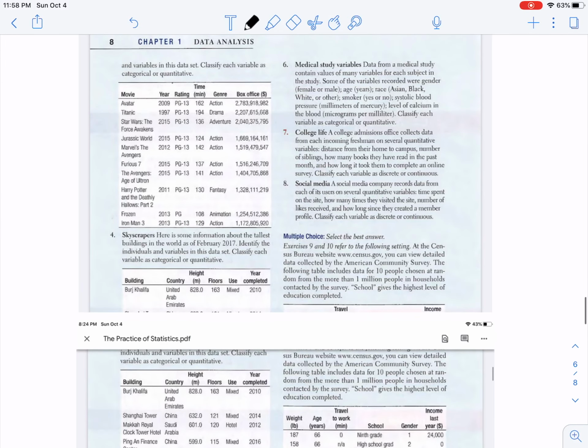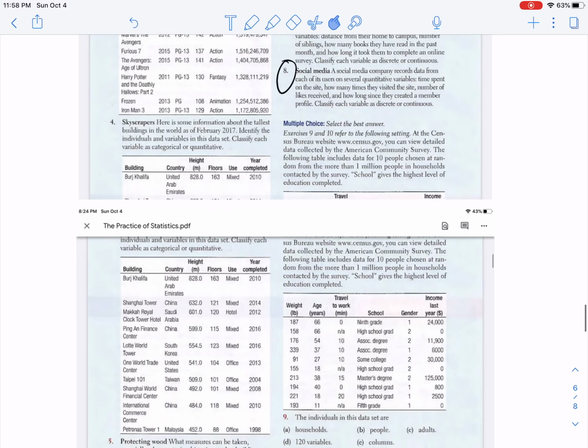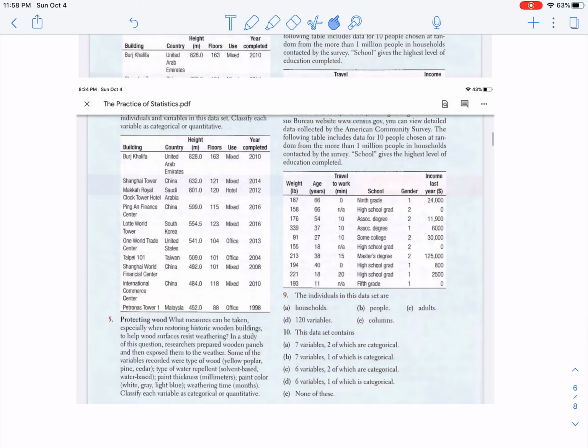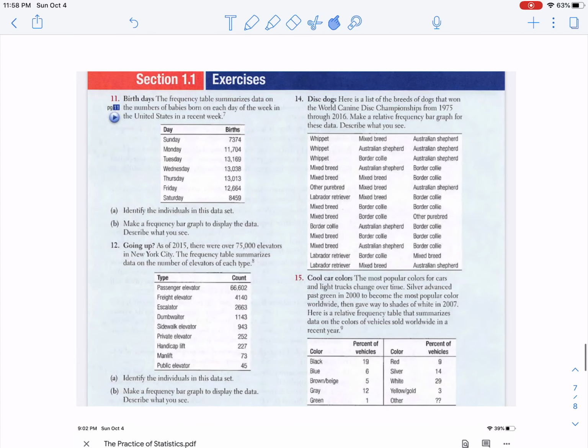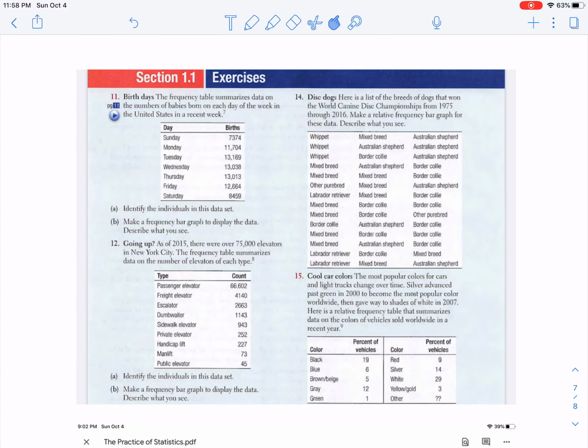What do I want you to do here? Okay, so in the problems, I want you to do 6, 7, 8 right here. Here I want you to do 9 and 10, which refers to this chart. Okay. Here I want you to do 14 and 15.